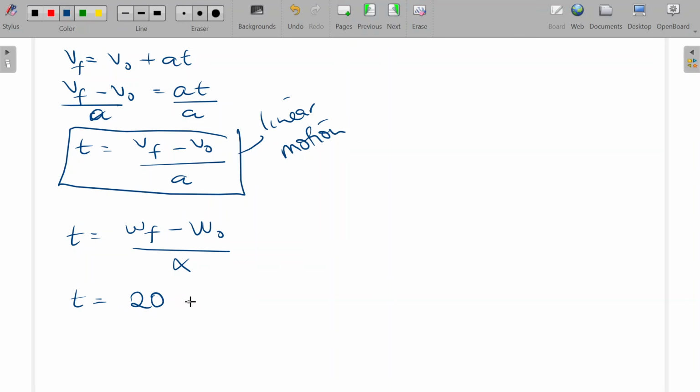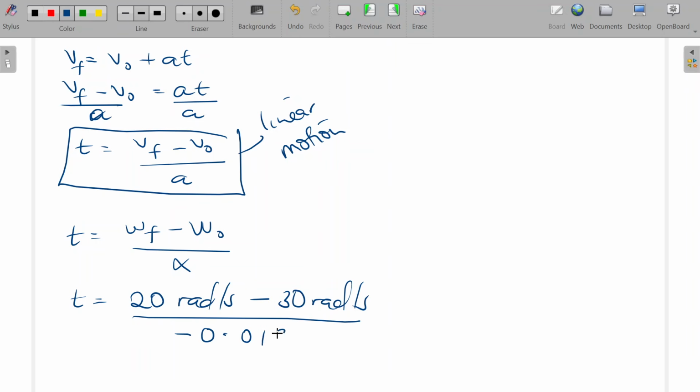Adding the units, that is 20 rads per second minus 30 rads per second over alpha, which is negative 0.013 rads per square second.